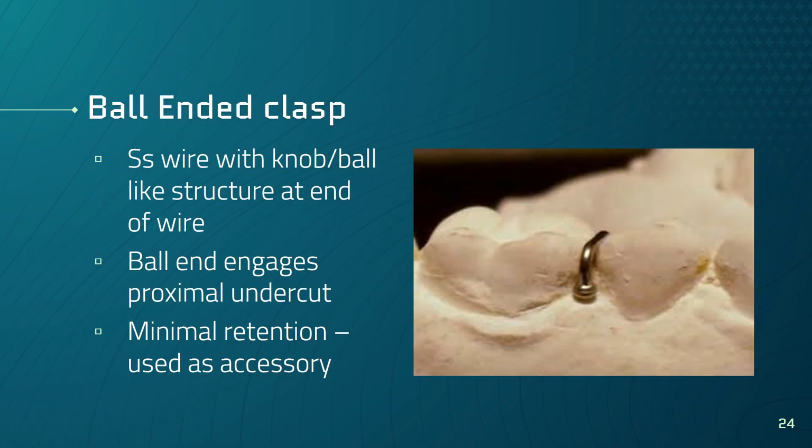Now ball-ended clasp. Now this is made from stainless steel wire which carries a knob or a ball-like structure at one end of the wire. The ball end engages a proximal undercut. Now again retention is minimal partly because only one proximal undercut is utilized and thus it's used as an accessory clasp.